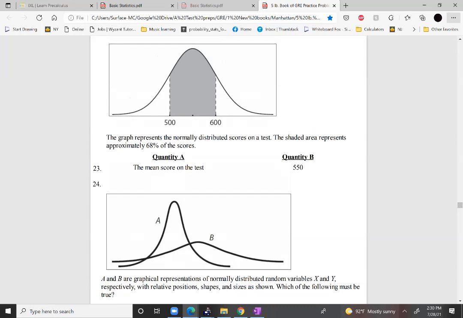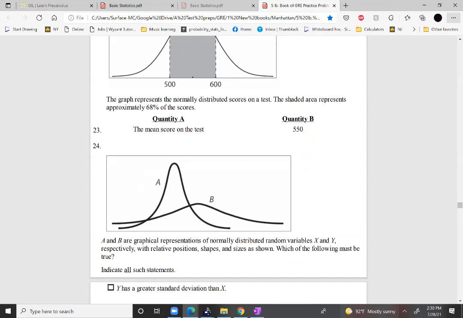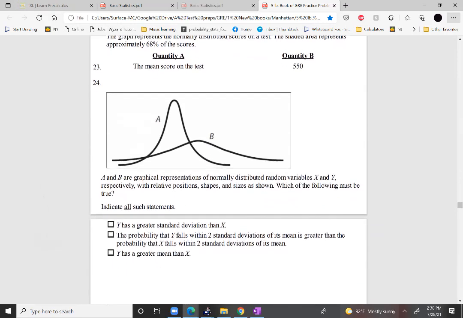If that middle point is right, how do you know that? Just because it looks like it doesn't mean it is. We don't know if it's really in the middle. Okay, so we shouldn't assume it. Yeah, 24.